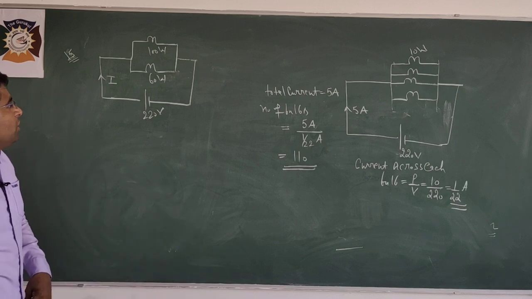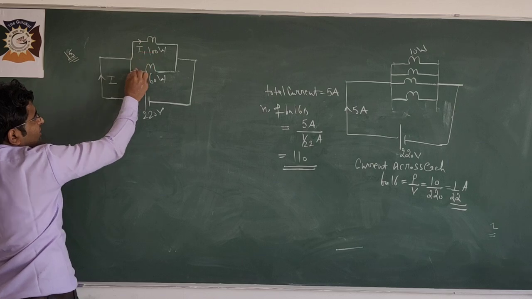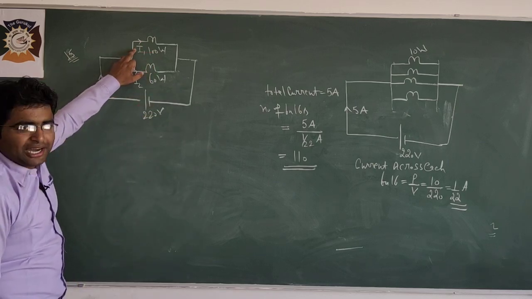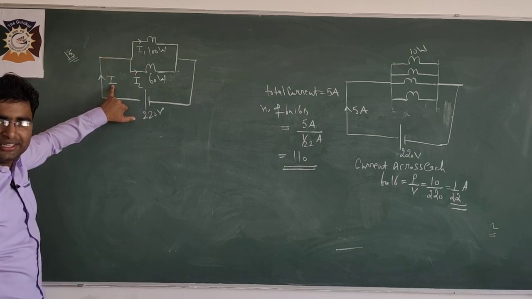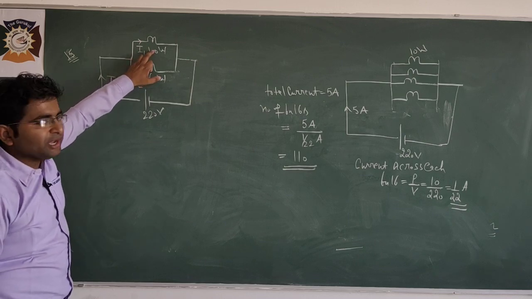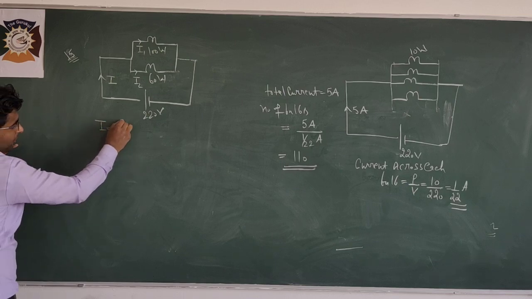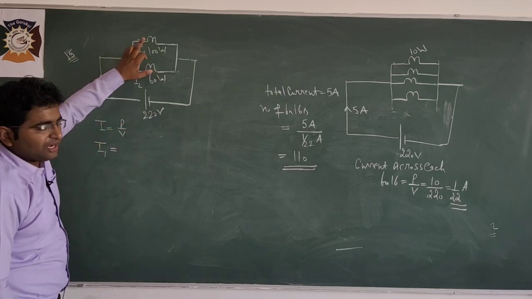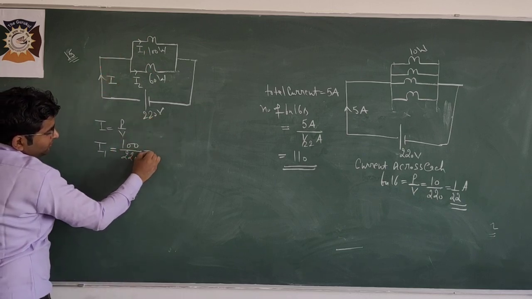Students, now look, this current will get divided into 2 parts, I1 and I2. So if I calculate I1 and I2 and add both, then I will get the total current. Now I1 is equal to P upon V. Current is equal to P upon V. I1 is equal to, power here is 100, voltage 220.